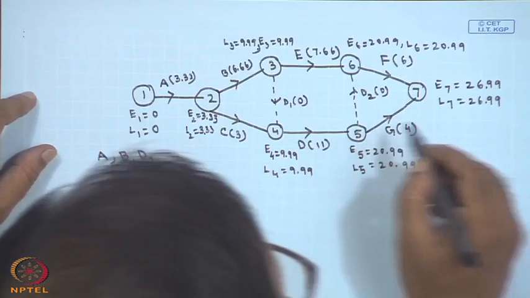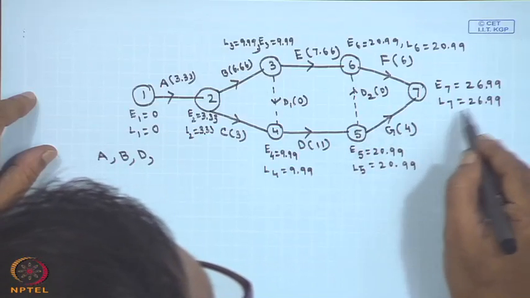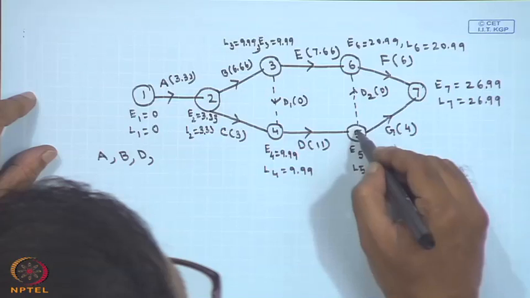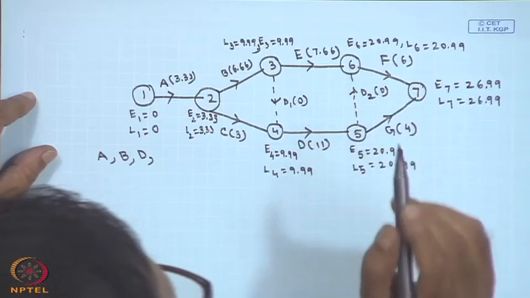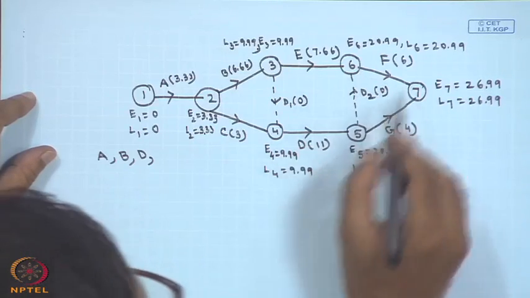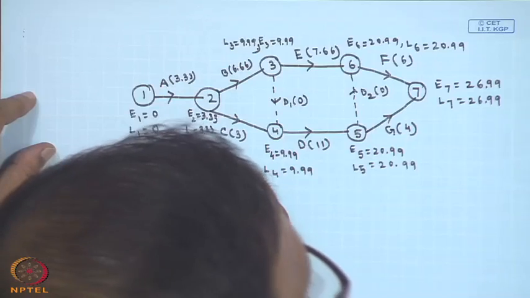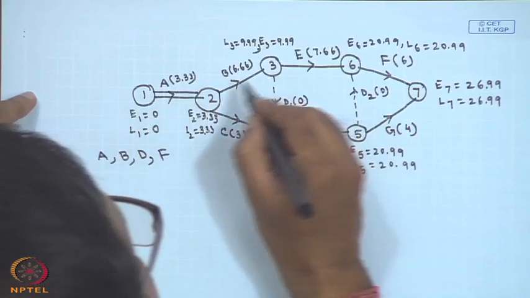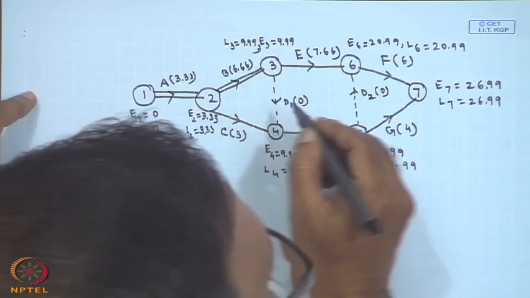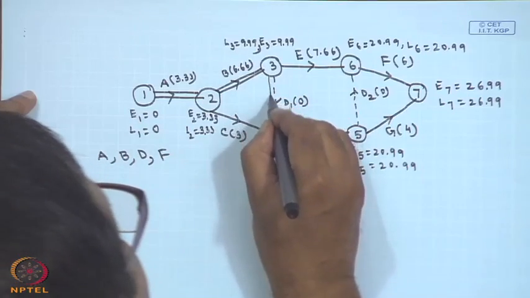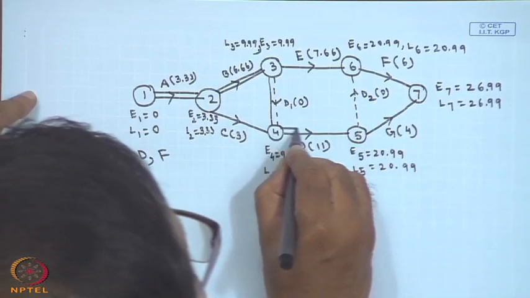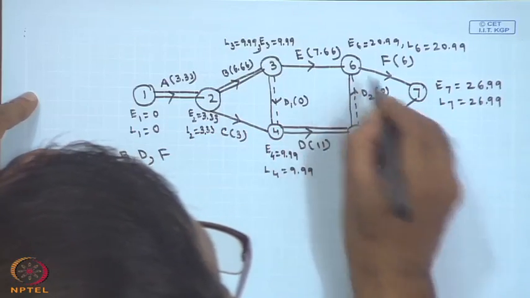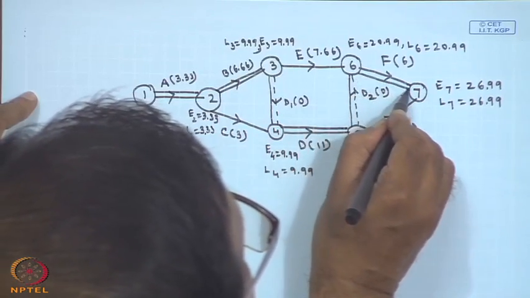After D it is again this is not critical because 26 minus 4 is 22, it is not matching. On this side it is matching 5 to 6 will not be there, D2 6 to 7. So, A, B, D and F. So, basically if you see the critical path will be 1 to 2, 2 to 3, then there will be one path that is 3 to 4, there will be 4 to 5, then 5 to 6 and after that 6 to 7.